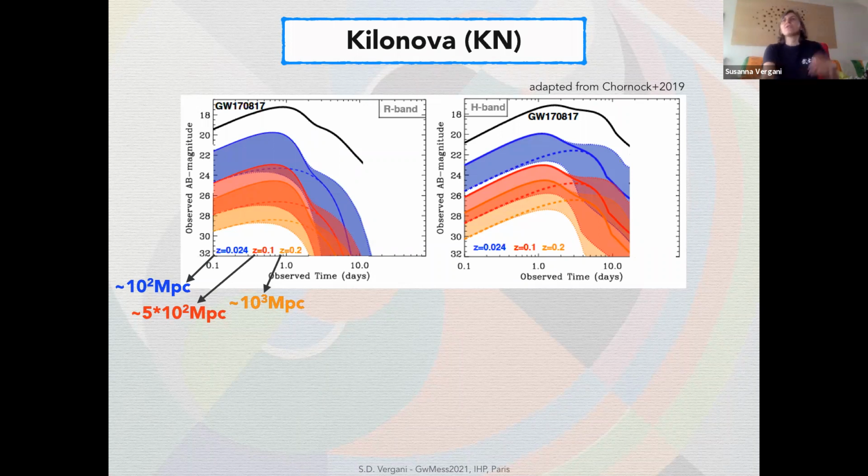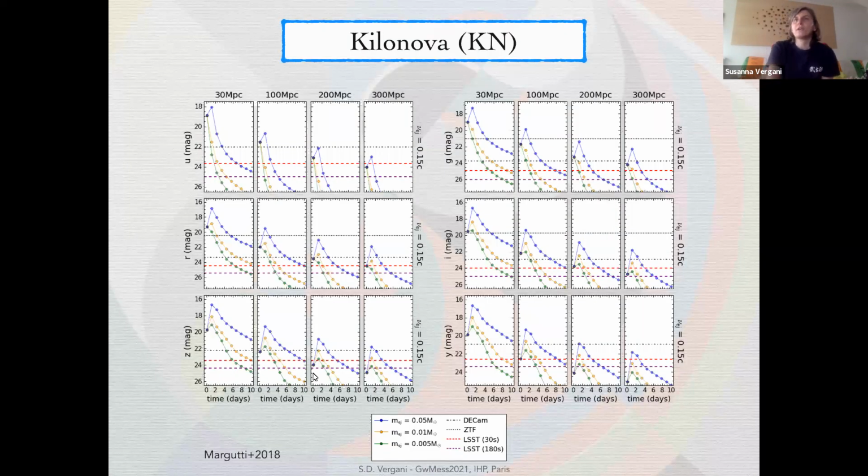Okay, so here is another example of the kilonova behavior. Don't look at these horizontal lines. We will talk about that later, but just at the points here. So you have the expected light curve in different filters here for a certain velocity of the ejecta material and for different ejected masses, okay?